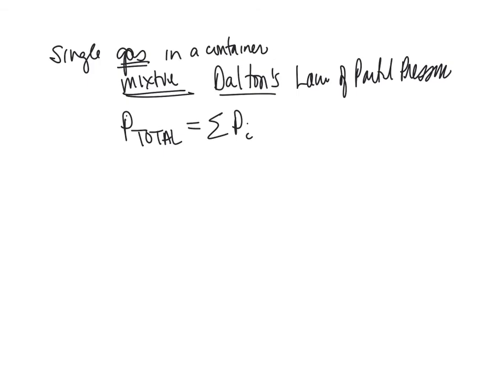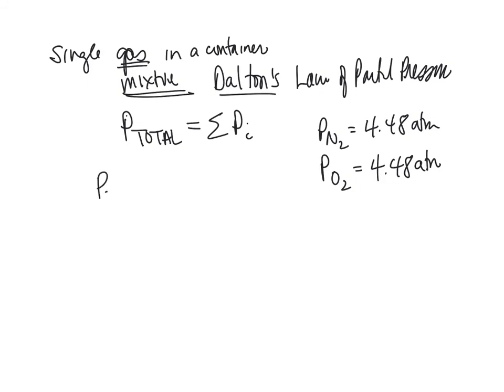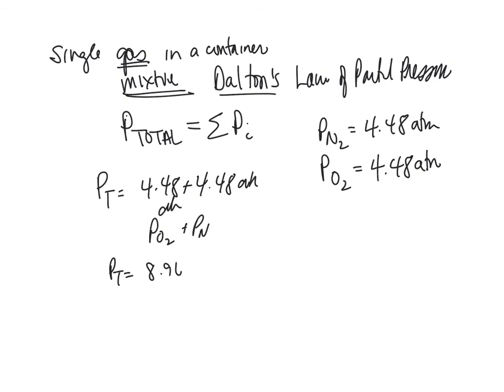So if you have a container with nitrogen gas at 4.48 atmosphere, and you add an oxygen gas, which will be treated independently, and it also has 4.48 atmosphere, the total pressure of the system would be 4.48 plus 4.48 atmospheres. So you take the pressure of oxygen plus the pressure of nitrogen, and you can just total these up. So the total pressure of the system is 8.96 atmosphere.